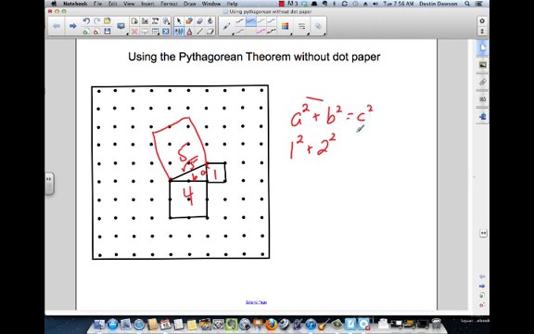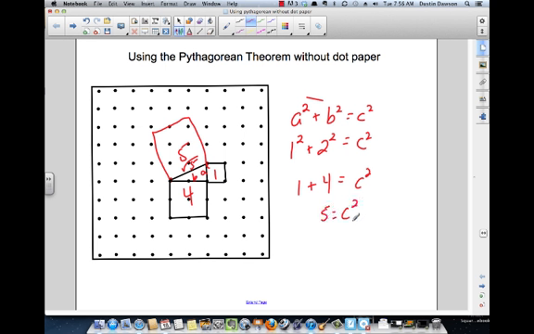And that equals c squared. We already know that when we add the areas of these two squares together, we get the area of the third side, whatever this side is times itself, c squared. So 1 squared is 1, 2 squared is 2 times 2, that's 4, and that equals c squared. So 5 equals c squared.